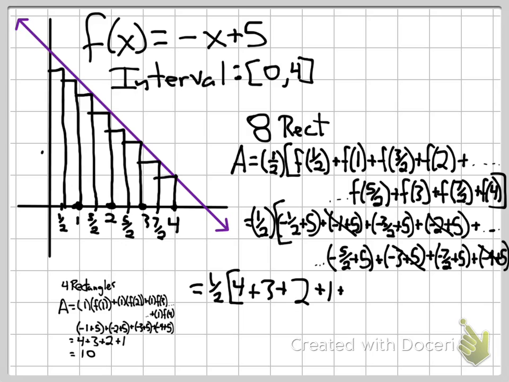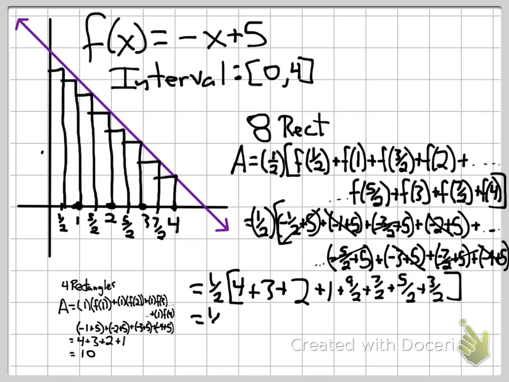So negative 1 half from 5 gives us 9 halves. Negative 3 halves plus 5 would be 7 halves. Then I have 5 halves and 3 halves, and those are my 4 there. So all of them are taken care of.